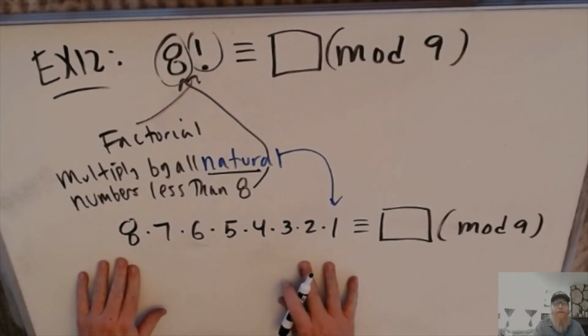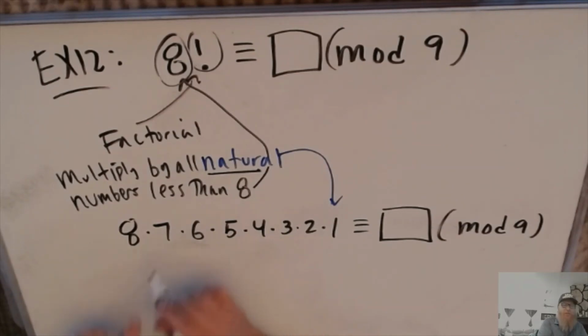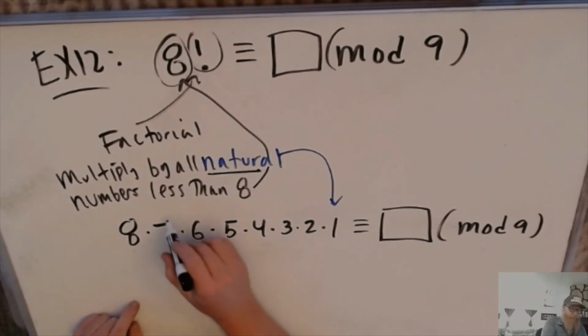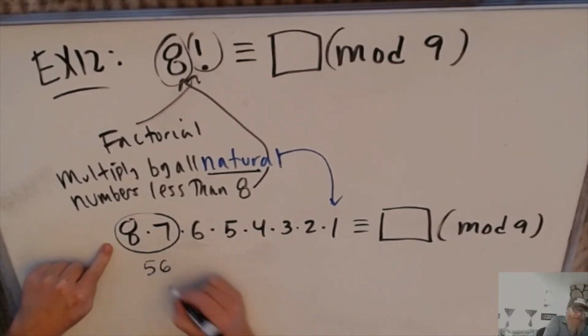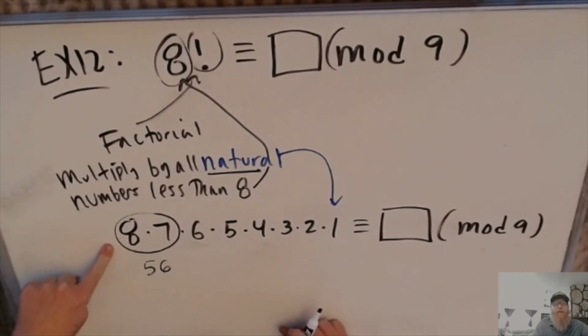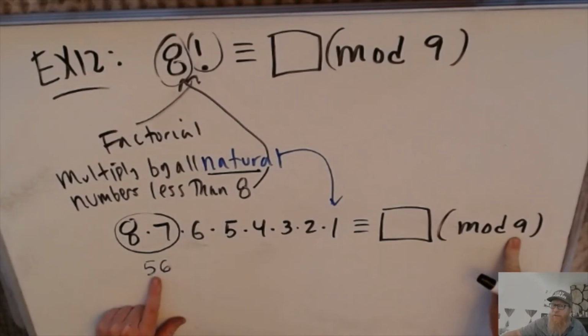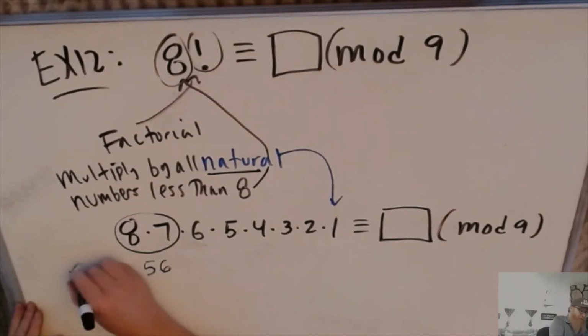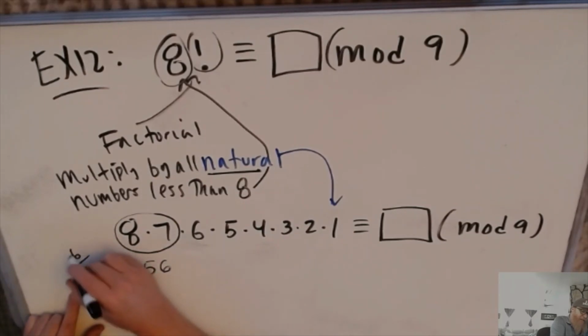Now, let's watch this very carefully, though. We can do them 2 at a time. So 8 times 7 is 56. 56 divided by 9 is 54, right? 54 goes into 56 one time. So let's do it out. 56 divided by 9 would be 6.